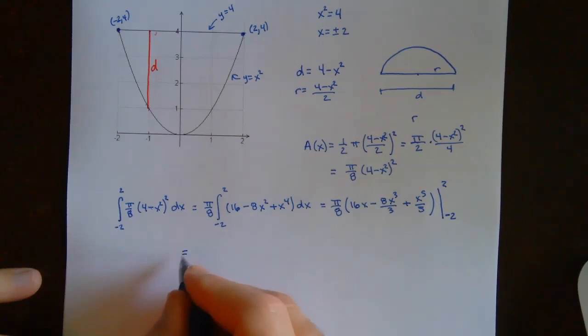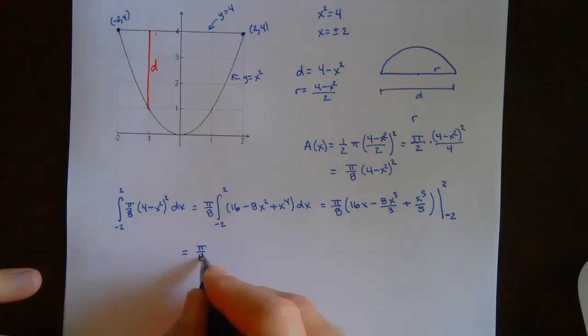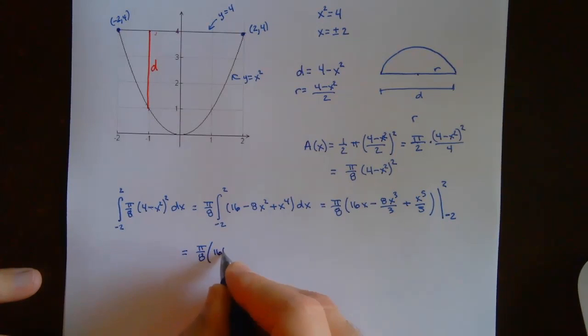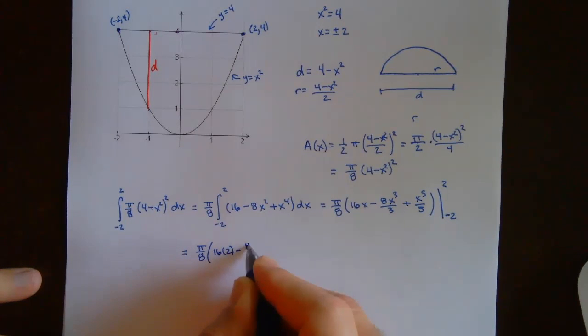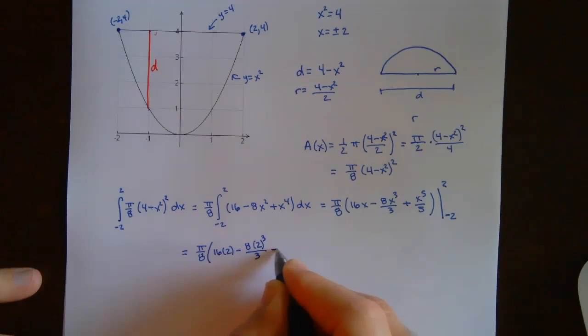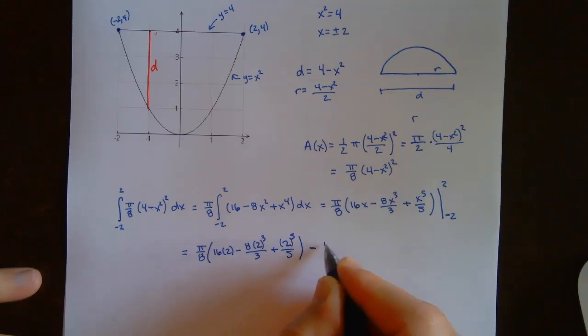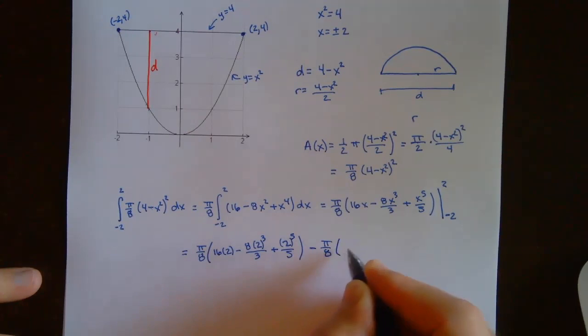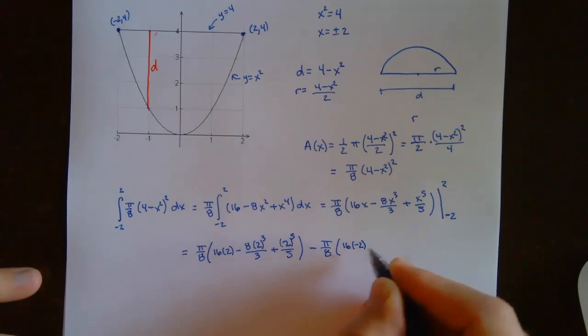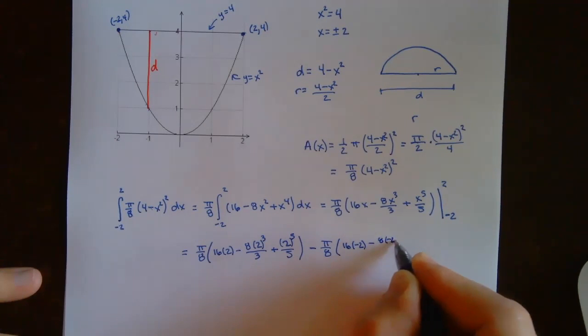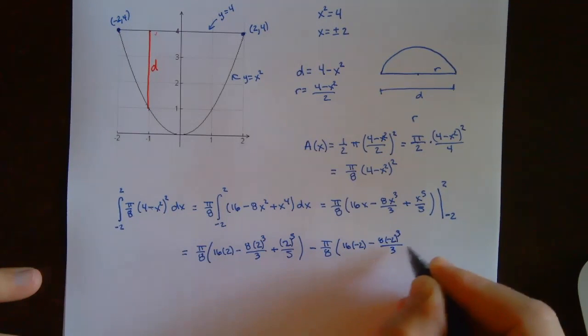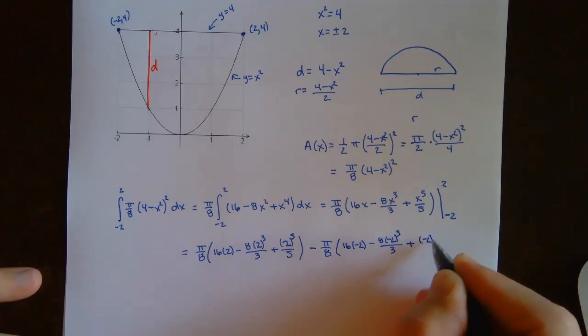So this is equal to pi over 8 times 16 times 2 minus 8 times 2 cubed over 3 plus 2 to the 5th over 5, and then minus pi over 8 times 16 times -2 minus 8 times -2 cubed over 3 plus -2 to the 5th over 5.